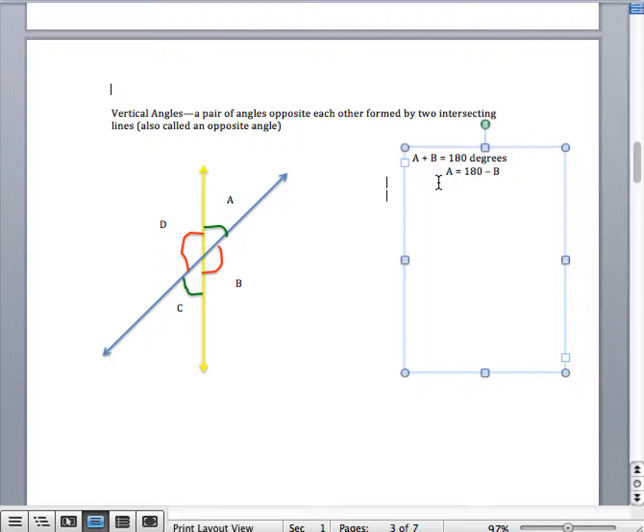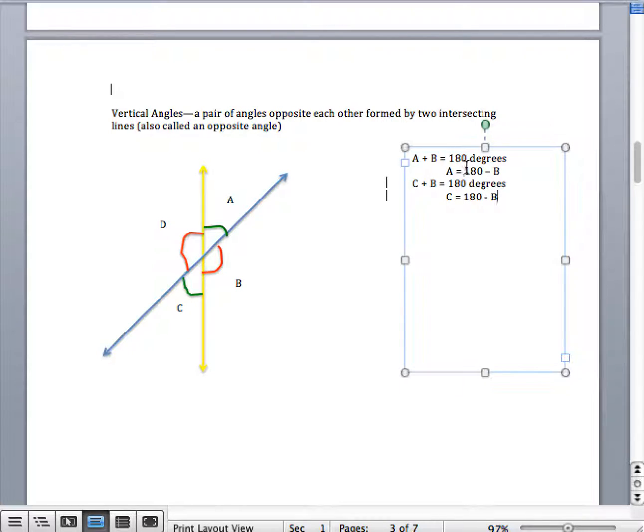So we know that C plus B is now 180 degrees. And likewise, that means C equals 180 minus B.